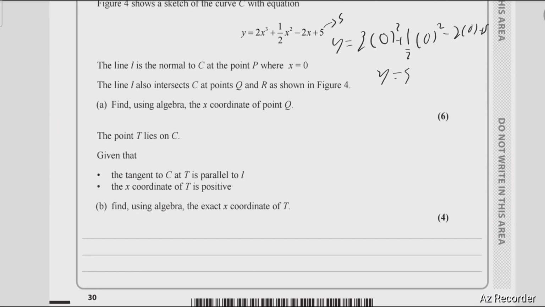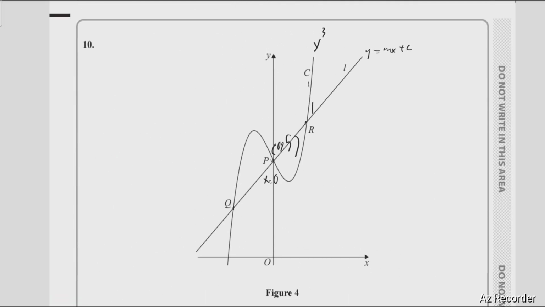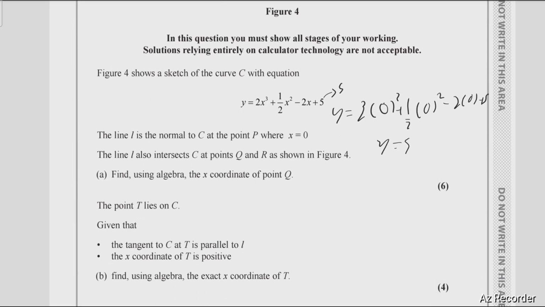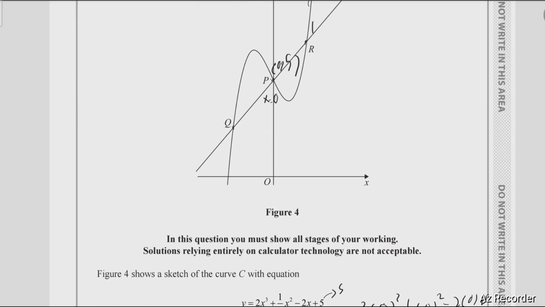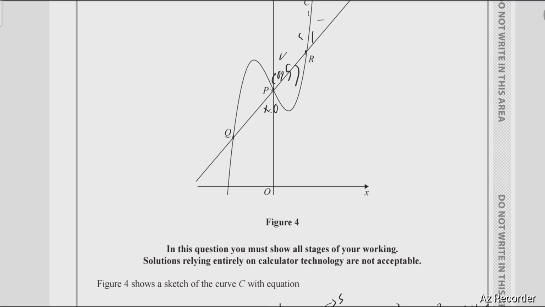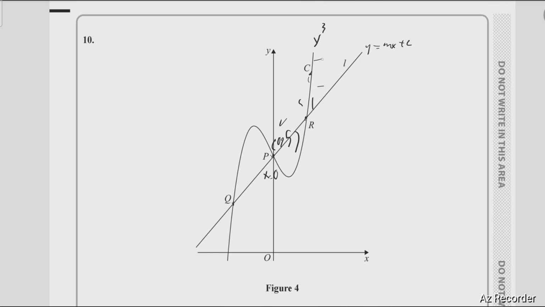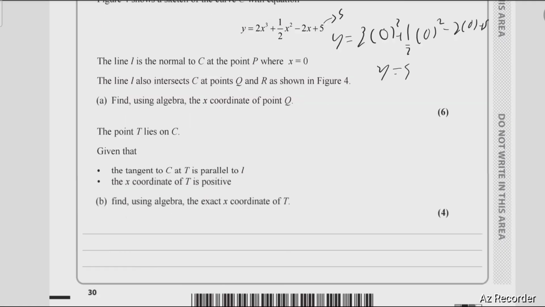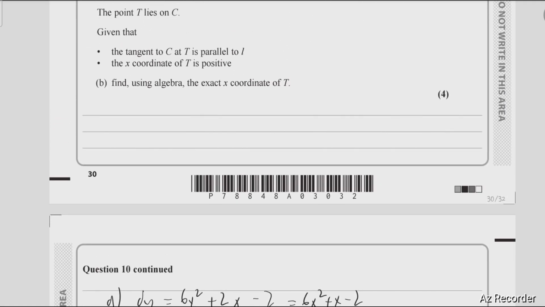Question B. The point T lies on C, given that the tangent to C at T is positive. The x coordinate of T is positive. Find using algebra the exact x coordinate of T. Now T lies somewhere here in the positive gradient, maybe here, we don't know.